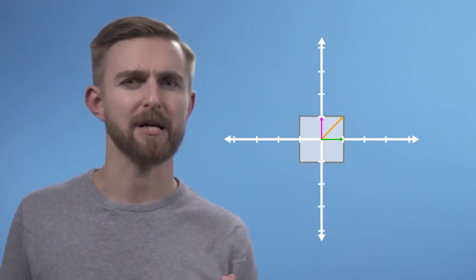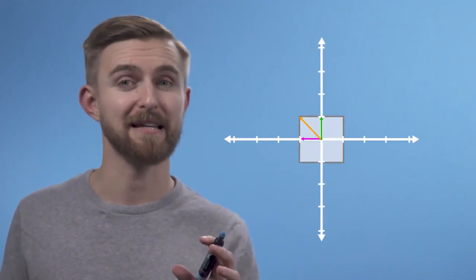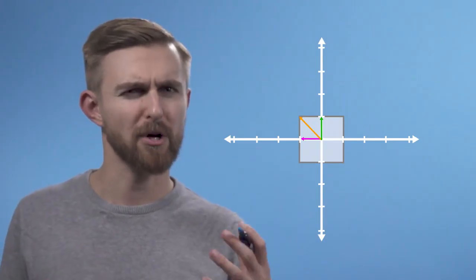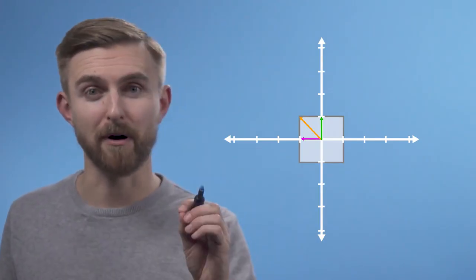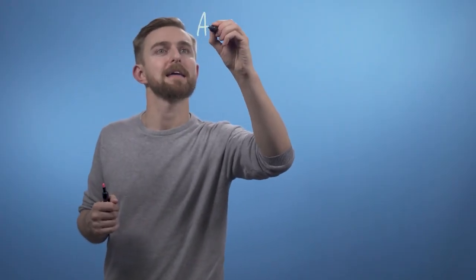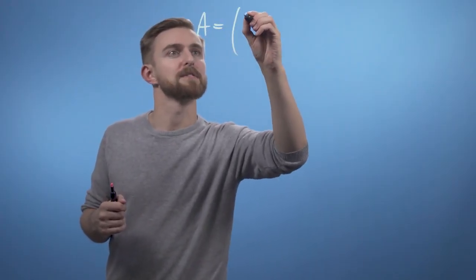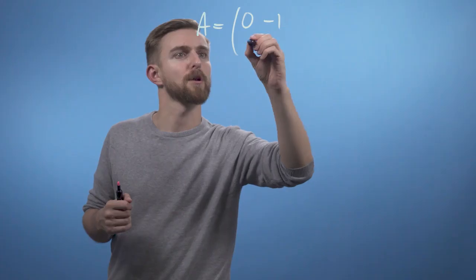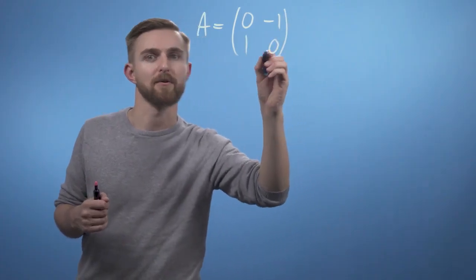Let's now try the case of a rotation by 90 degrees anti-clockwise to ensure that we get the result that we expect, which, if you remember, is no eigenvectors at all. The transformation matrix corresponding to a 90-degree rotation is as follows: A equals (0, minus 1, 1, 0).